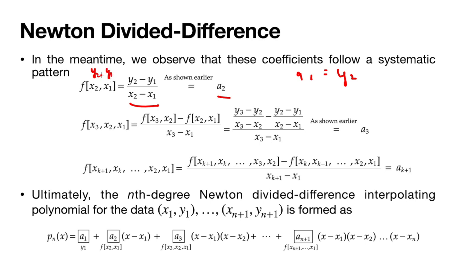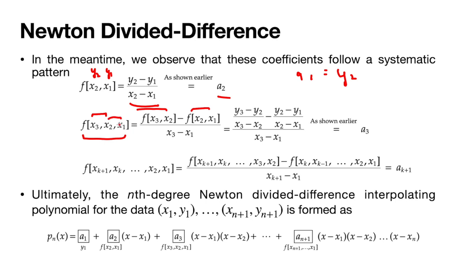So it is basically differentiating between these values: y2 minus y1 and x2 minus x1. Similarly, the a3 value we just calculated is a function of x3, x2 and x1. First we have x3 and x2, minus x2 and x1, second.